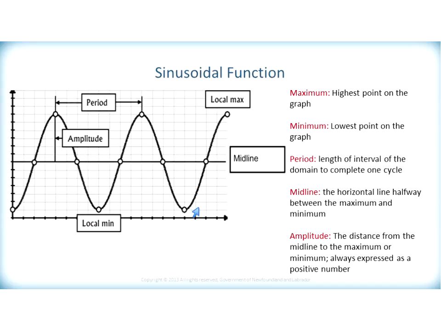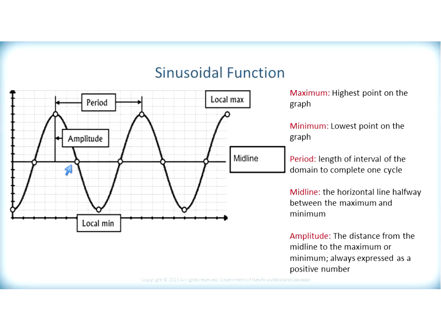They are y values, of course. The period is the length of interval of the domain to complete one cycle. So to go from maximum back to maximum, or from minimum back to minimum, this length in the domain would be the period.